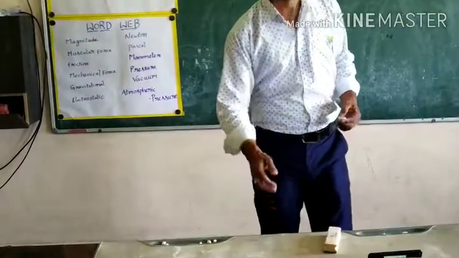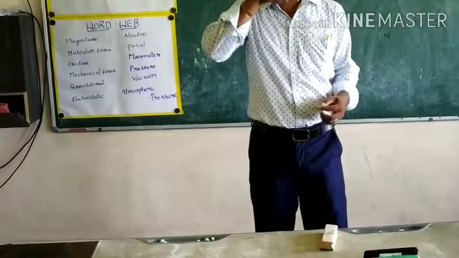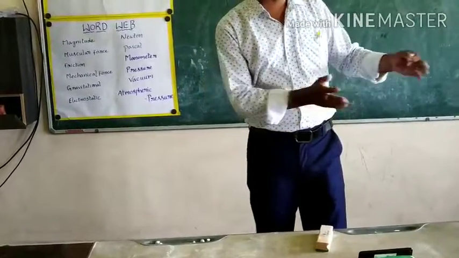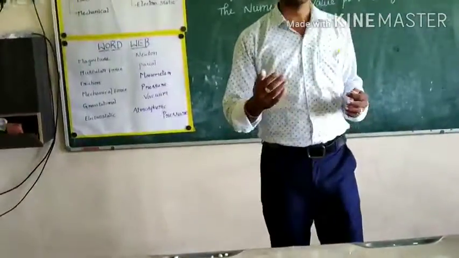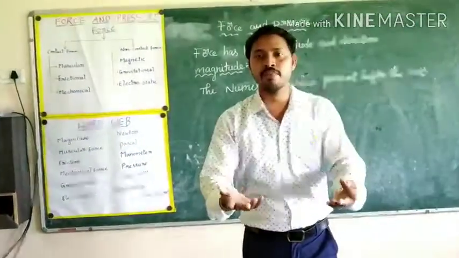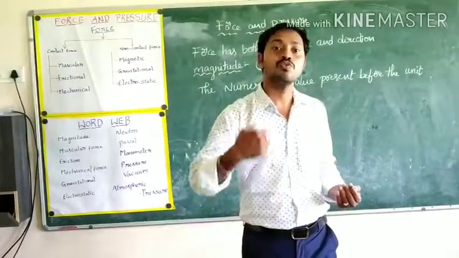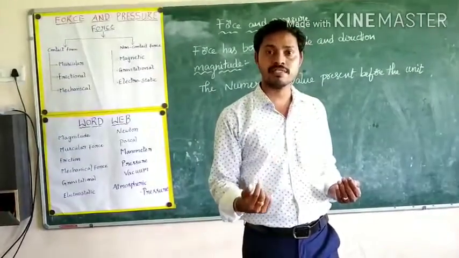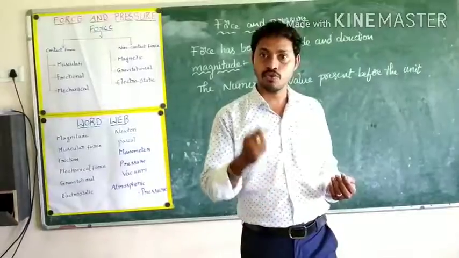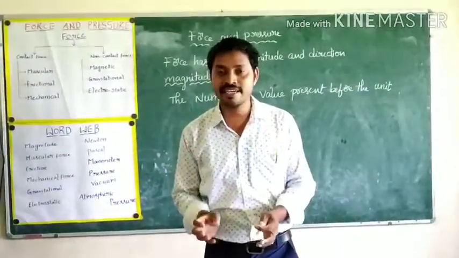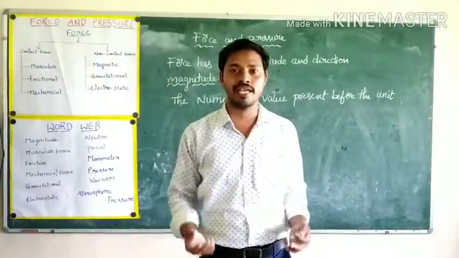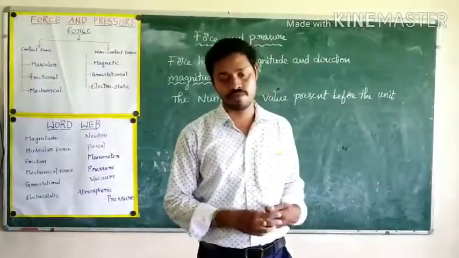Now applied force to the left side, so it will move to the left side. Now I applied force away from my body, towards you, so the duster travels away from my body and towards you.